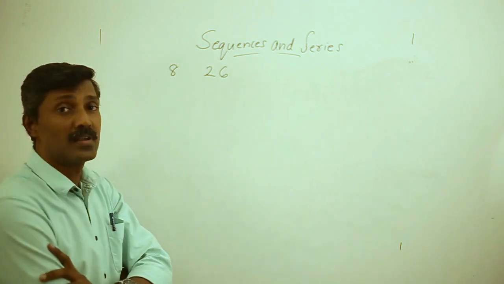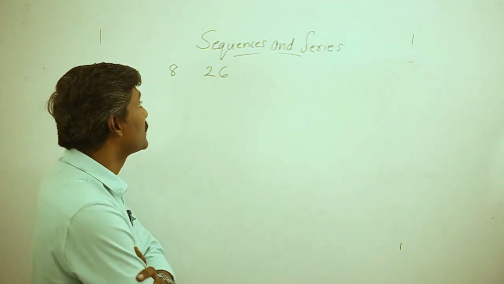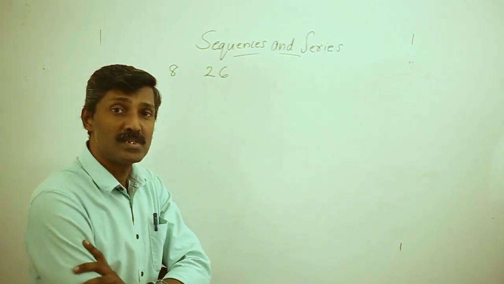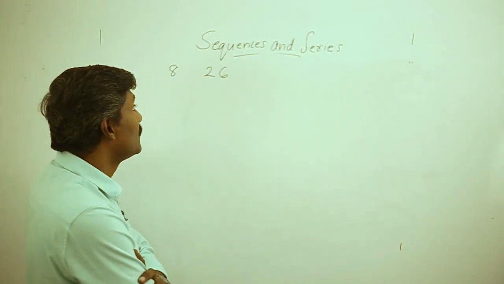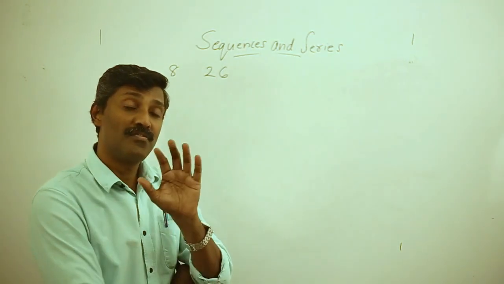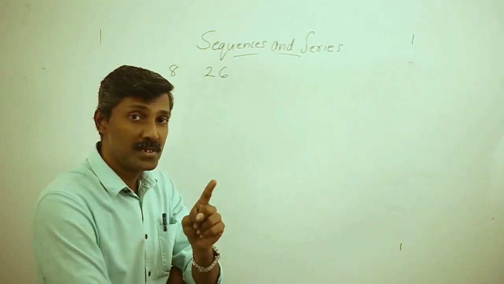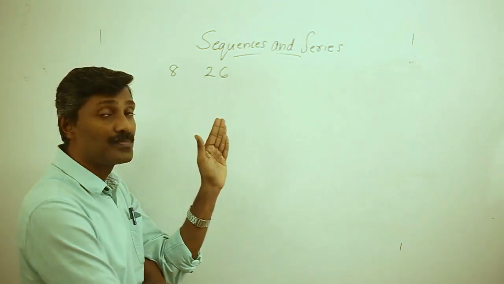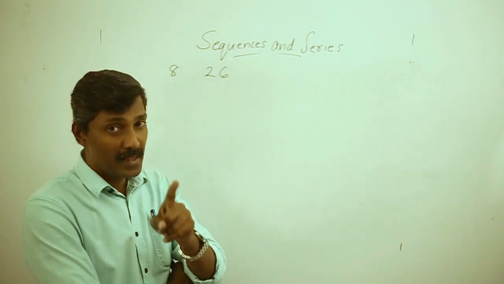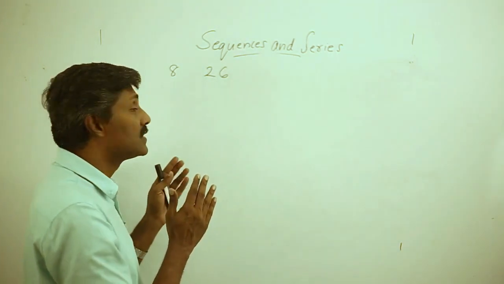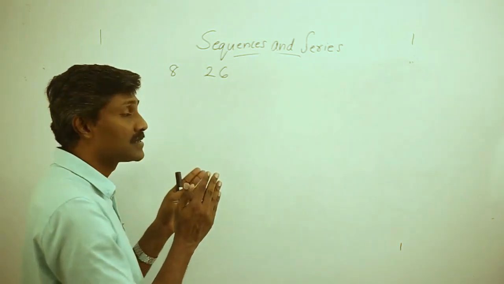Here again we have another problem in the AP, arithmetic progression. We have two numbers, 8 and 26, and we are asked to insert 5 numbers between 8 and 26, but the condition is that this sequence has to be in AP. So 8 is the first term and 26 is the last term.